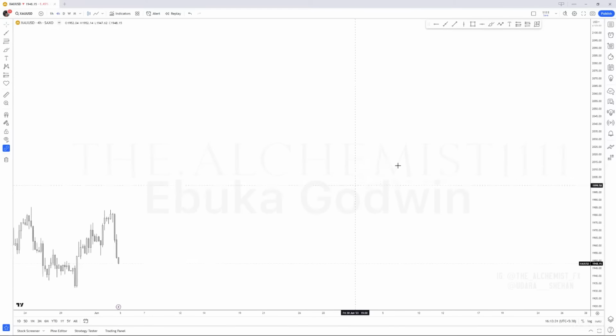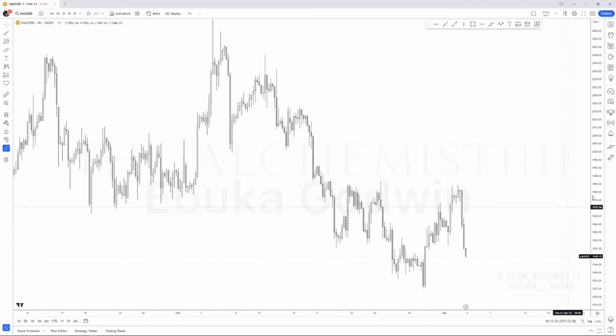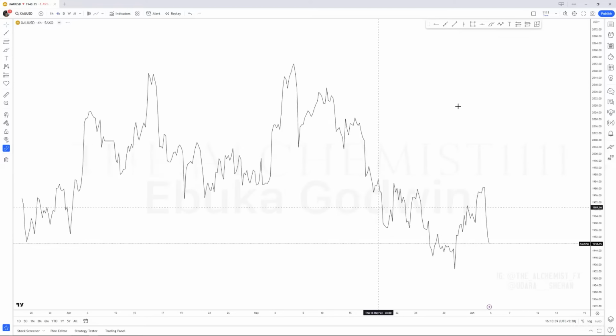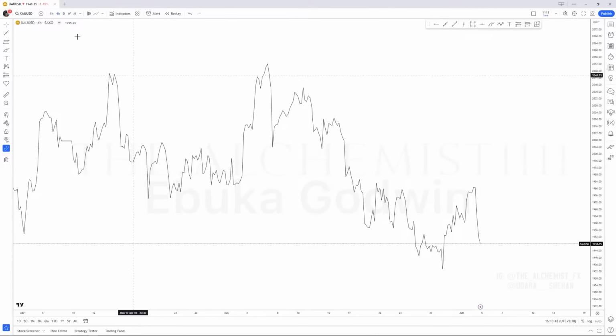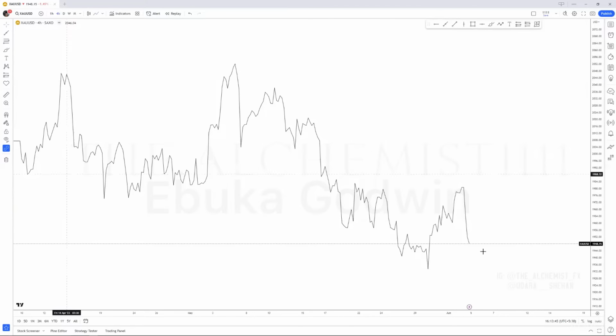Another thing to point out is that we will be using the line chart a lot. We will go through candlesticks as well, but mainly we'll be using the line chart.